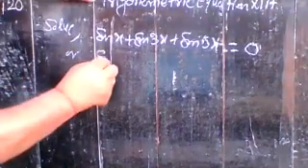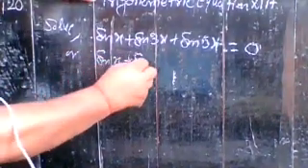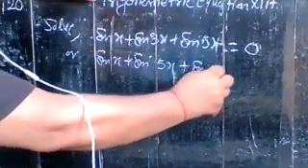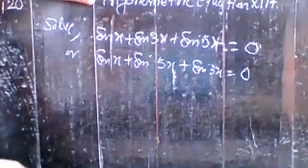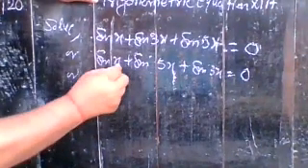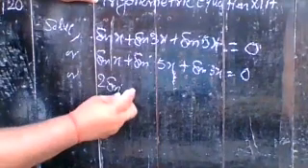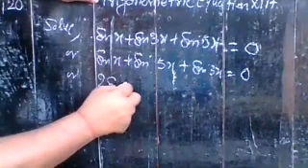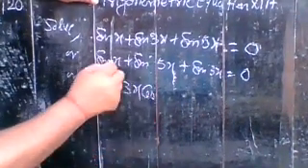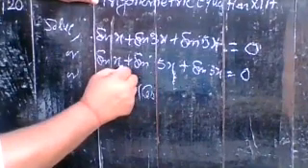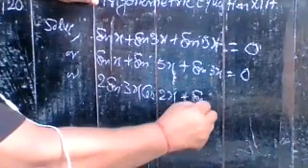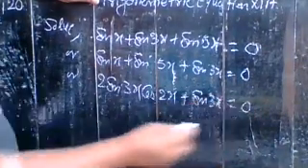So first you write sin x plus sin 5x plus sin 3x is equal to 0. That is equal to 2 sin of (x plus 5x), which is 6x, and 6x by 2 is 3x. So 2 sin 3x cos of (x minus y) by 2, so you have minus 4x by 2, that is 2x, plus sin 3x is equal to 0.